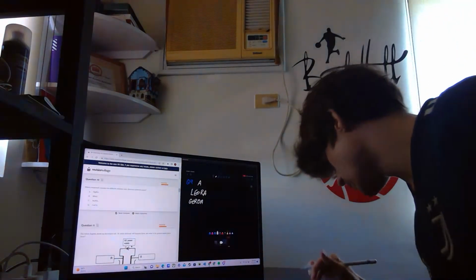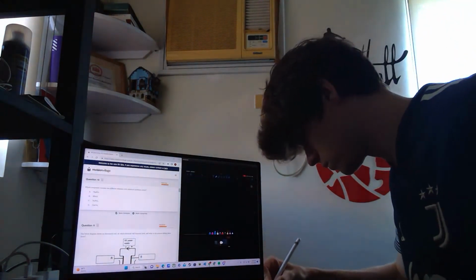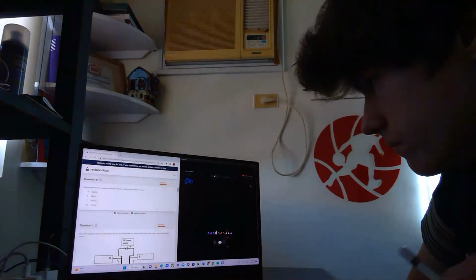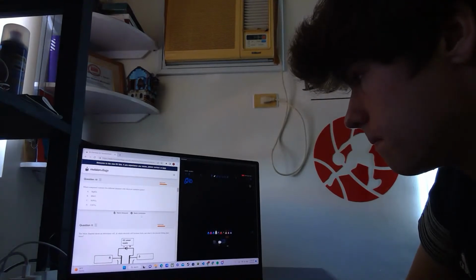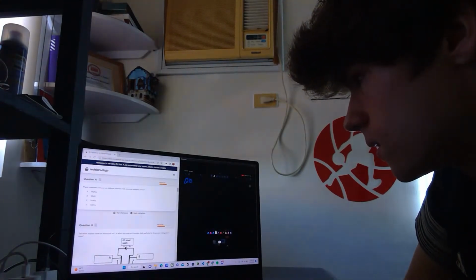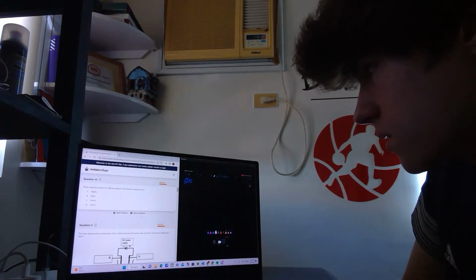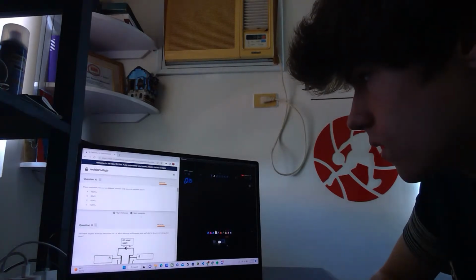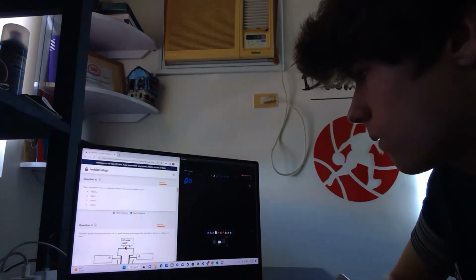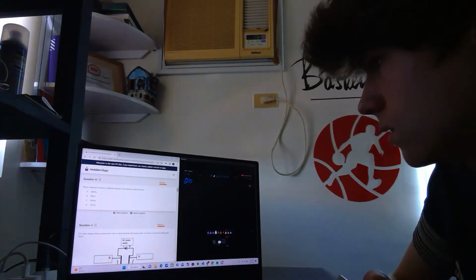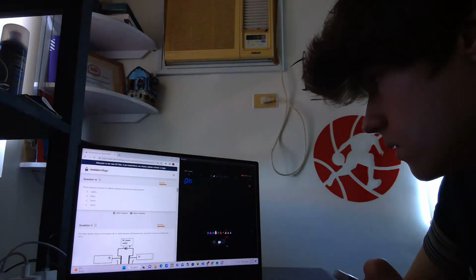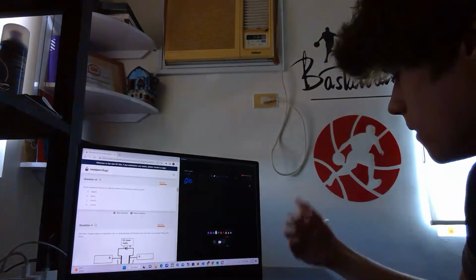So now moving on to question 10. Which compound contains 2 different elements with identical oxidation states? Just from looking at it right now, I would say B. Why?